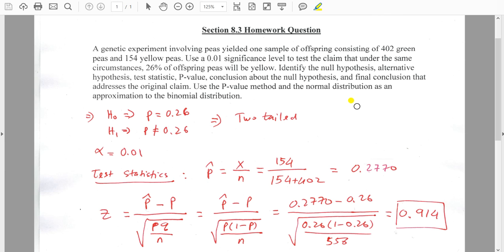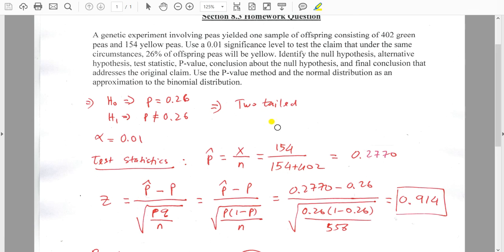If that is the case, then you have the right tail, because bigger than is this way, so the arrow is pointing to the right, so we have a right-tail test. Or if the proportion is less than something, then the arrow is pointing to the left, then you have a left-tail test. But in this case we have the not equal sign, so we have a two-tail test for this problem.